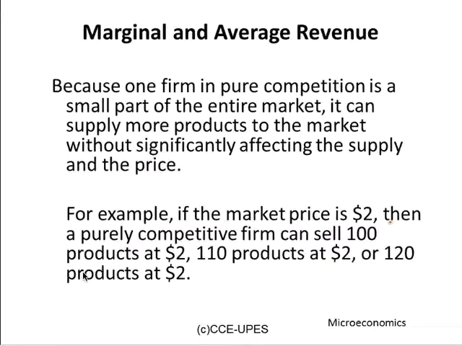So let's have a look at the marginal and average revenue and their behavior. Because the firm is in pure competition, producing a small part of the entire market, it can supply more products to the market without significantly affecting the supply and the price.